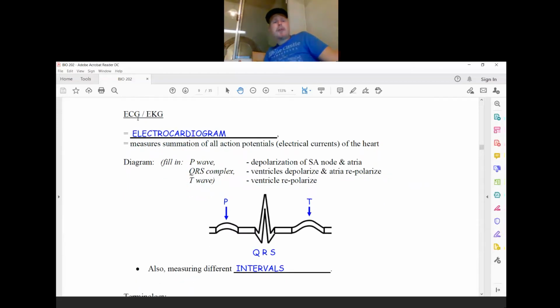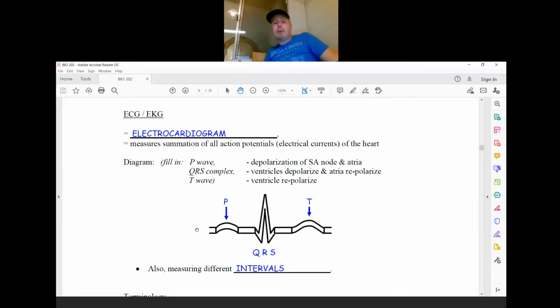We also talked about ECG or EKG, which stands for electrocardiogram, and this is a method of measuring externally all of the electrical currents of the heart and summing them together through various different leads, usually about 12 leads. And this gives us a wiggly line that we record, and each of these wiggles has a specific purpose, telling us what's happening in the heart at that time.